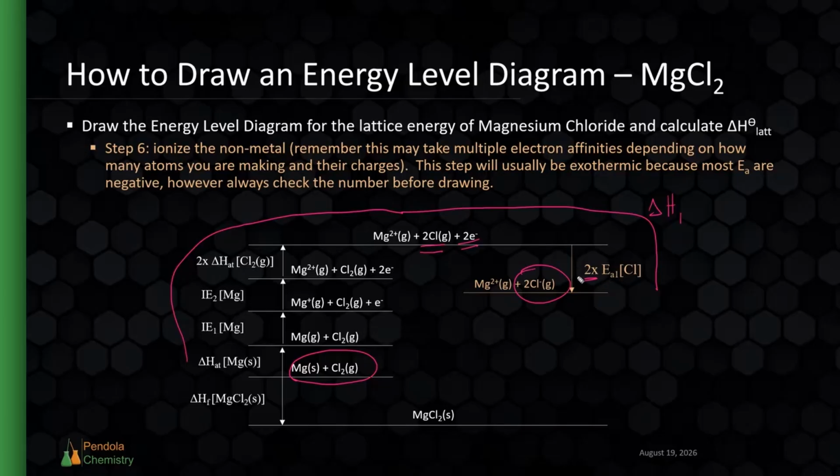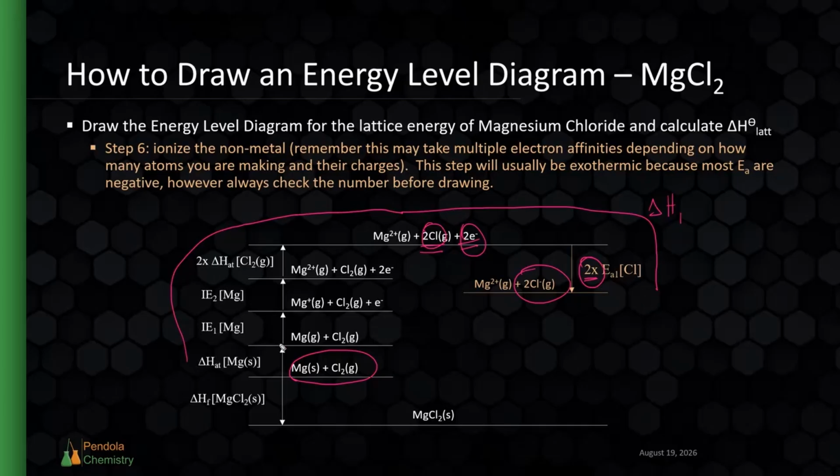We're not adding 2 electrons to the same chlorine. We're simply adding 2 moles of electrons to 2 moles of chlorine atoms. So we need to multiply the electron affinity times 2. That right there completes the delta H1 we're looking at.